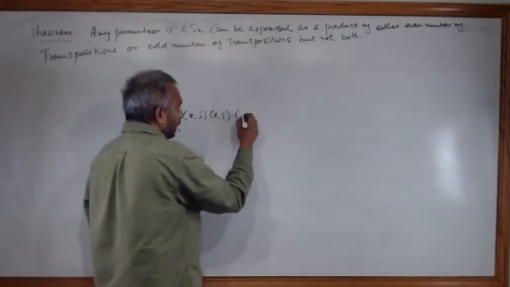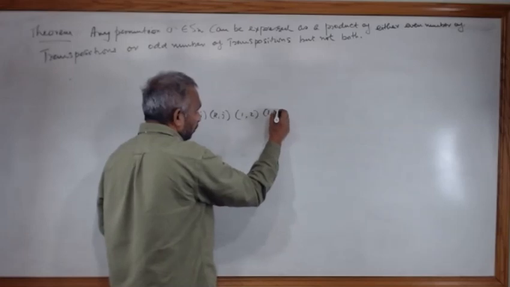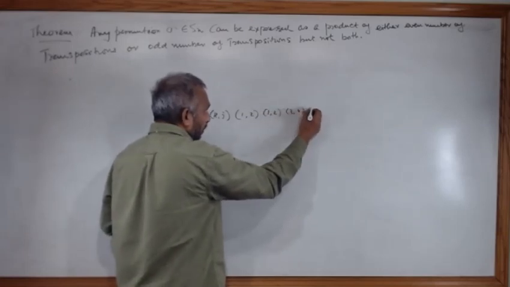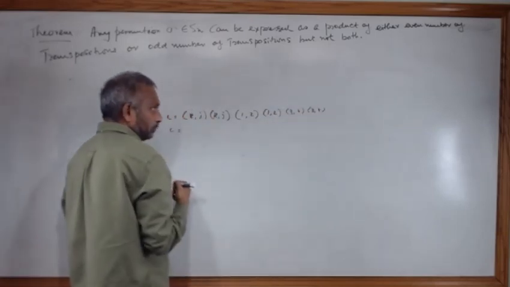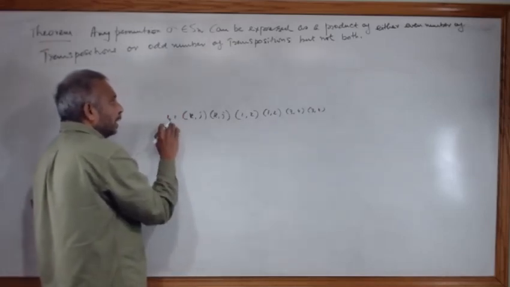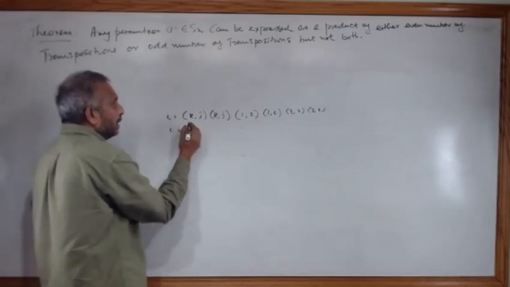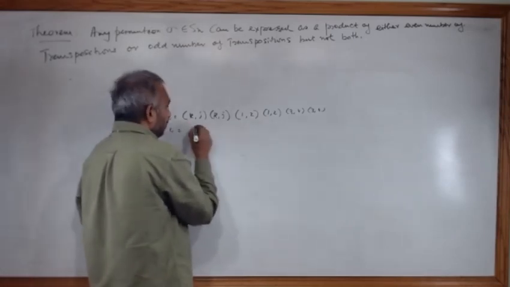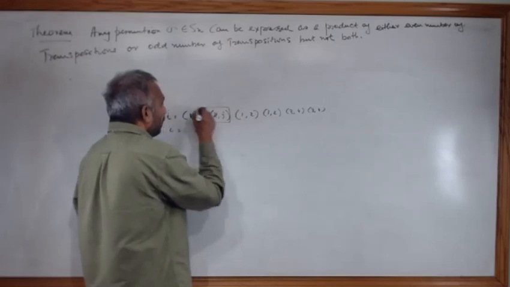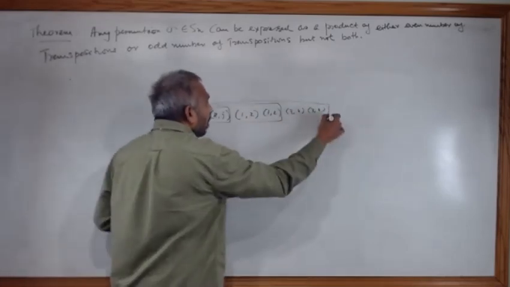You can add another one, (1 2)(3 4)(3 4)(1 2), etc. These are all representations of I, but they are all even.